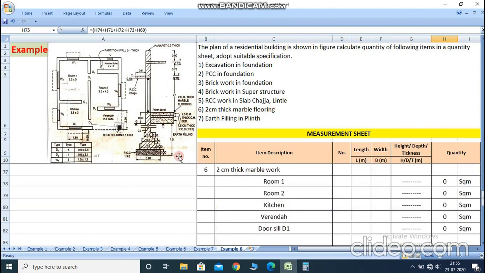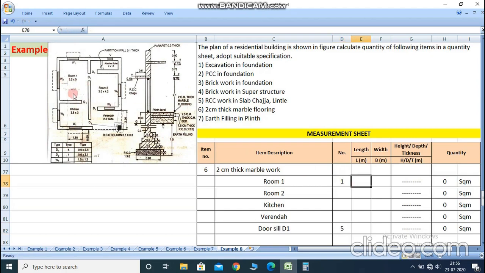So marble is provided, we already have marble fixed in room 1, room 2, then the veranda, kitchen, and we calculated the door sill. So door sill D1, D1, D1, D1 and D1. So for 5 door sills, here we write 5. Now in the room size, room 1, only a single room is provided, so write number 1.